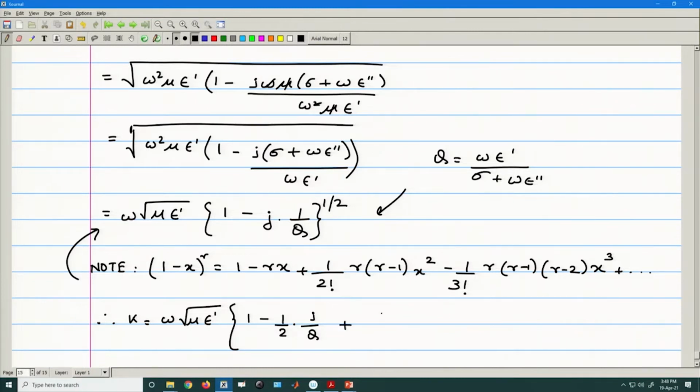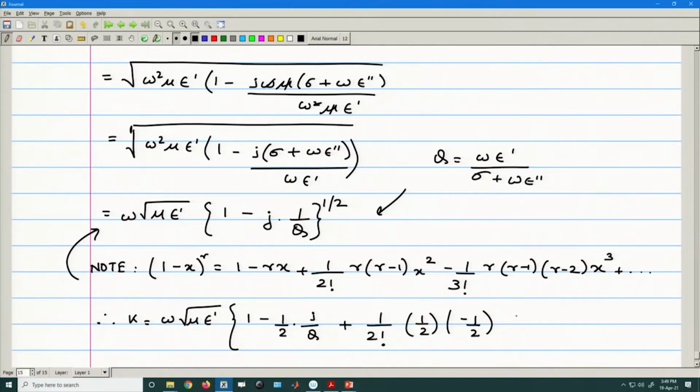Then plus 1 by 2 factorial, r is half, r minus 1 is half minus 1, so it will be minus half, and x square.